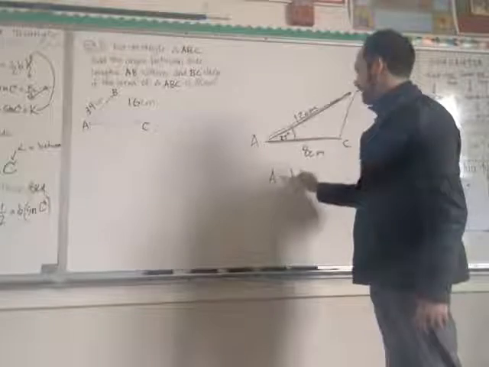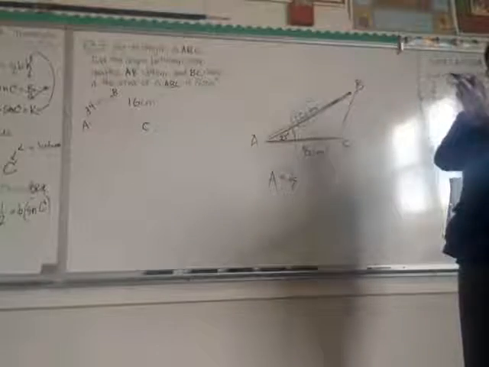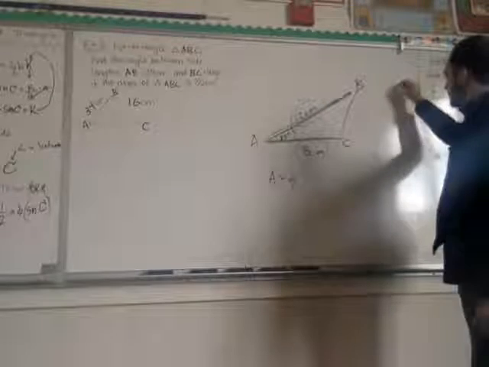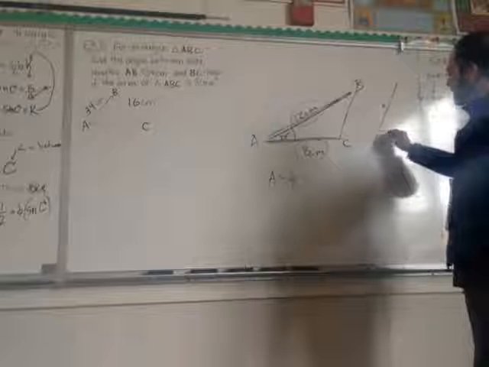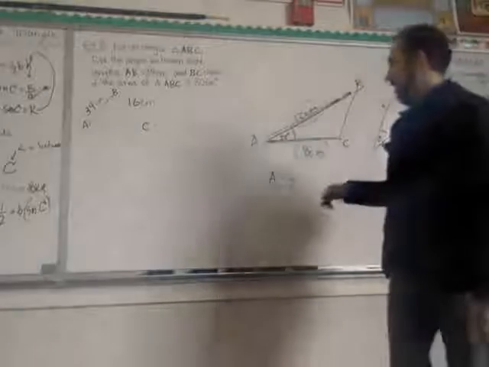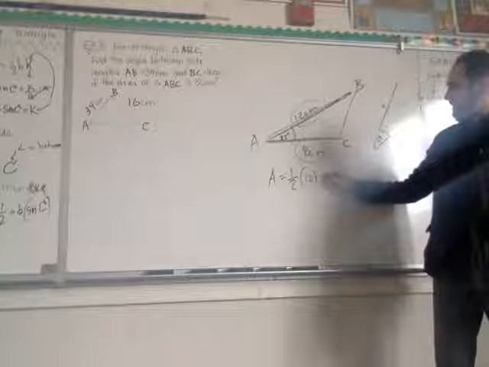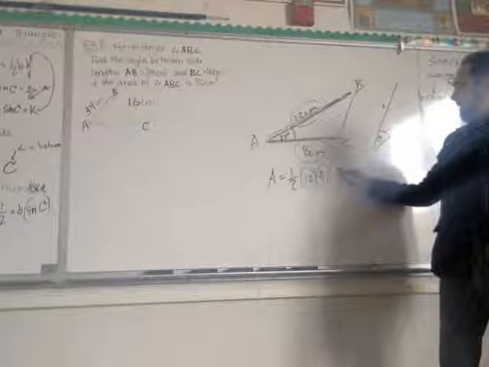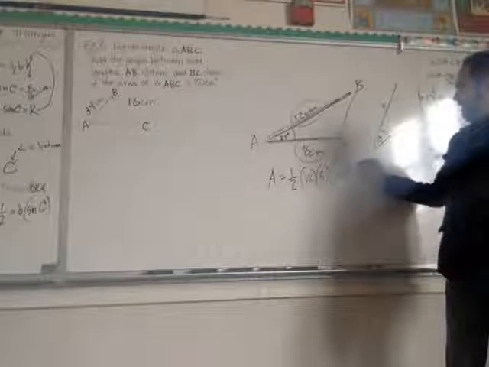I know it's 1/2 times my sides that form the angle. Spatially, it's just that, the angle. Here's the side, here's our angle. We'll call it C. So in this case, all I need to do is 1/2 times one of the sides times the other side times the sine of the angle in between, 22 degrees.